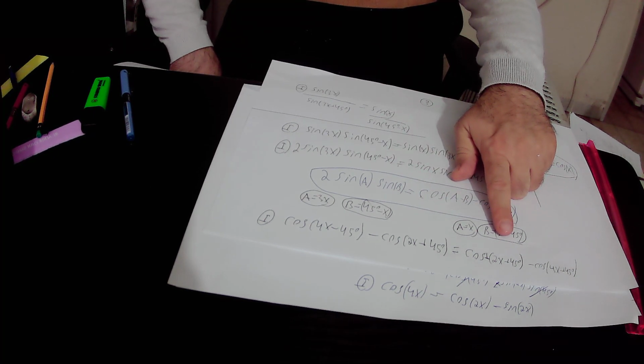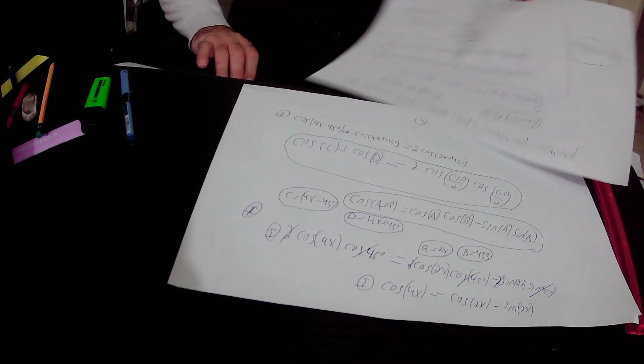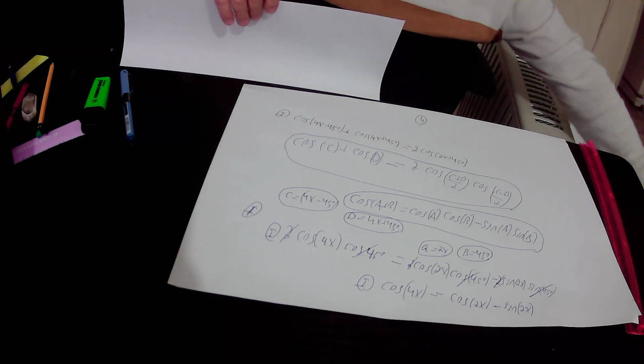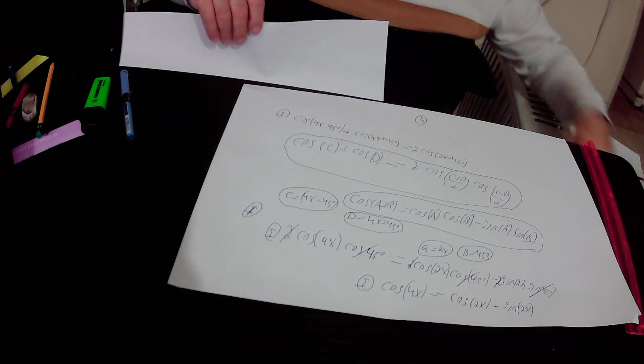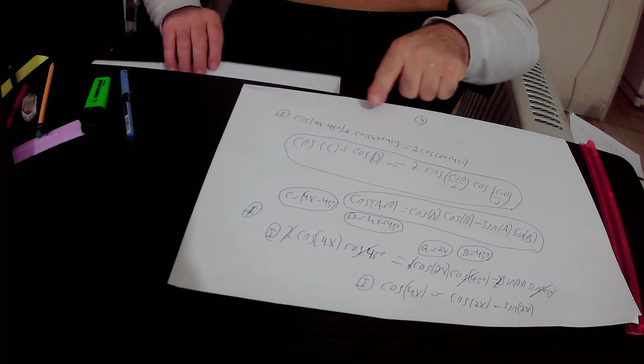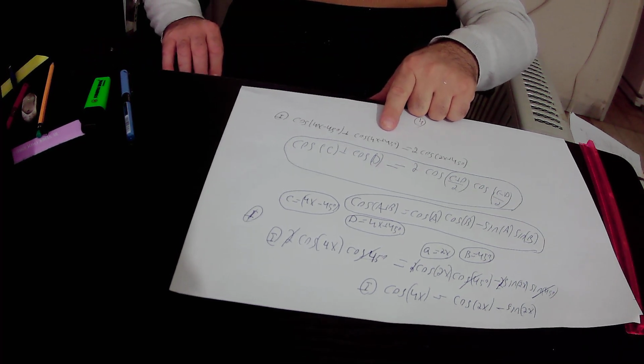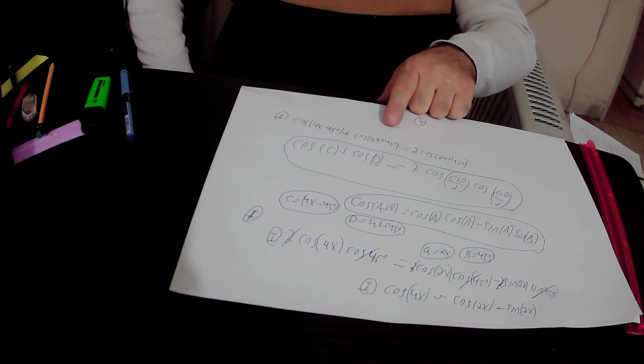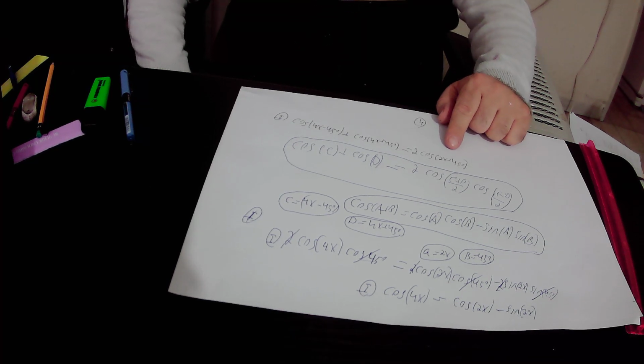Cosine 2x plus 45 degrees plus cosine 2x plus 45 degrees is 2 times cosine 2x plus 45 degrees. So in conclusion, we got that cosine 4x minus 45 degrees equals cosine 4x plus 45 degrees equals 2 times cosine 2x plus 45 degrees.